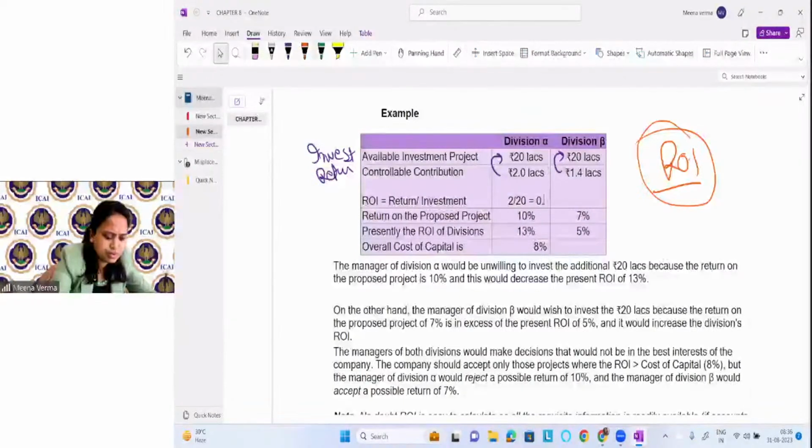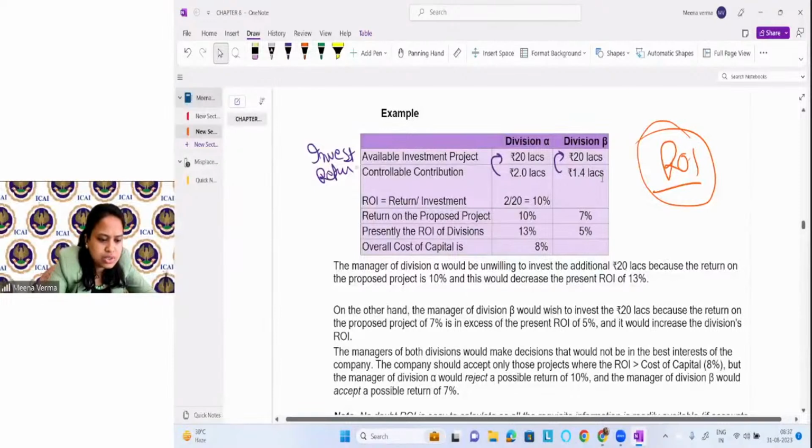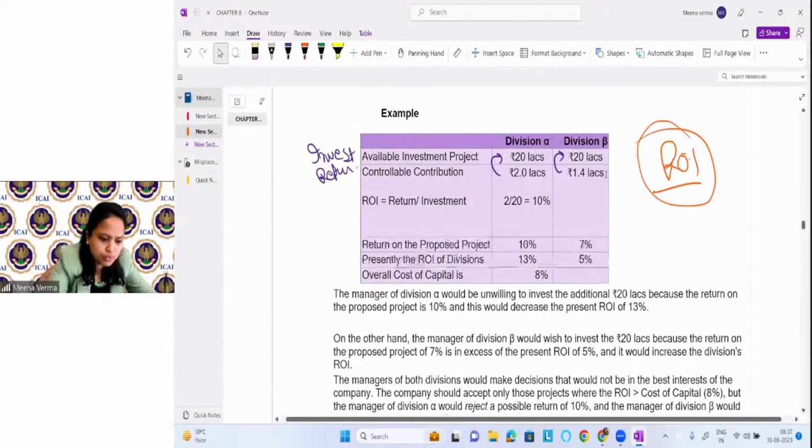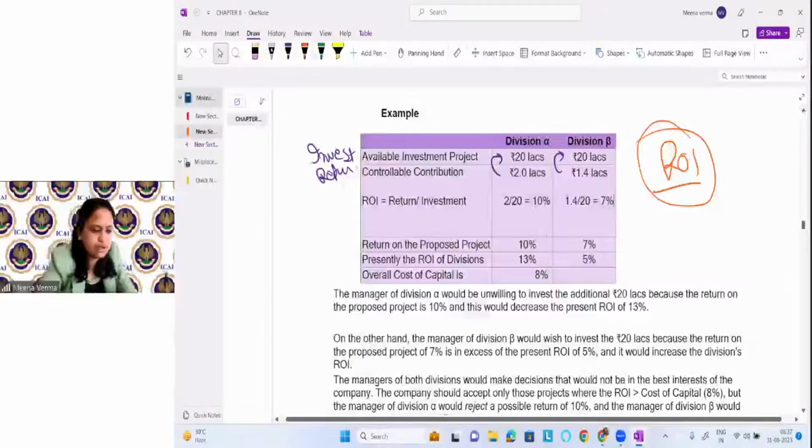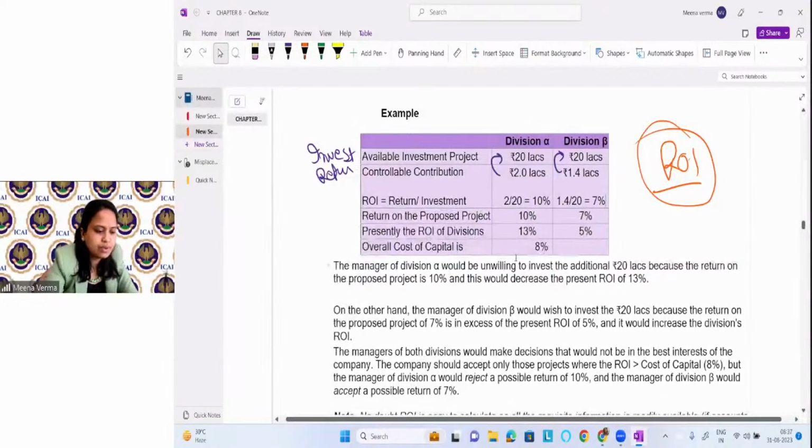Or you can say 1.4 divided by 20, so this is 7% is given here. So 10% is ROI on division A and 7% is ROI on division B.